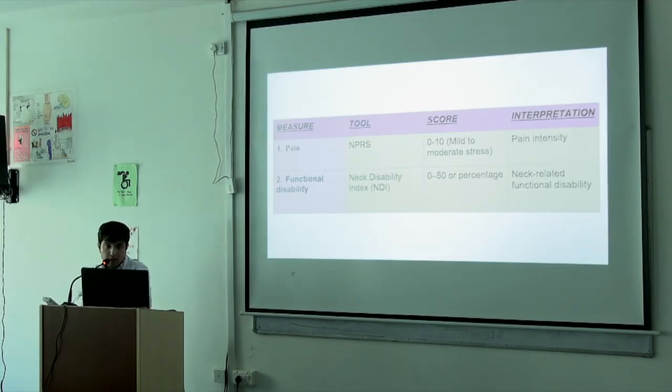The numerical pain scale is 0 to 10, where 0 is no pain and 10 is the maximum pain the patient can bear. For functional disability, it is 0 to 50, where 0 is the minimum disability and 50 is the maximum disability. It can also be written in percentages and is used to identify neck functional disability.